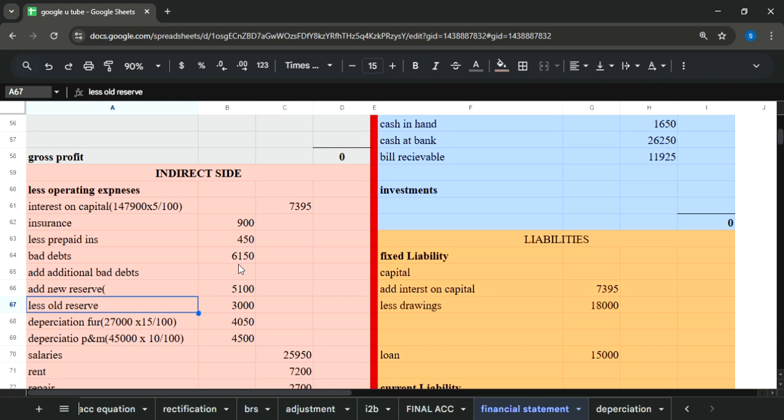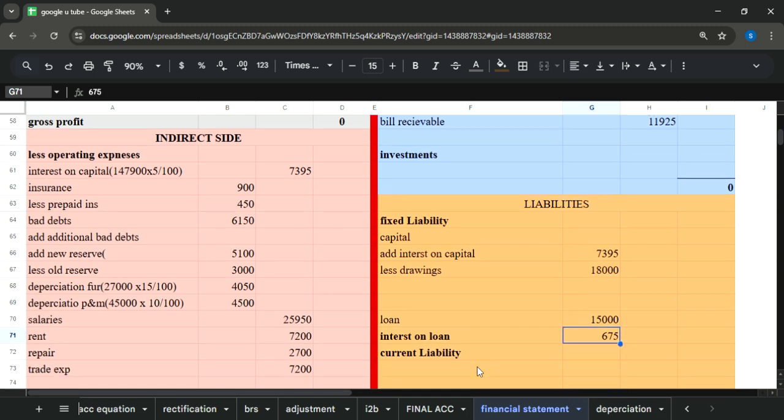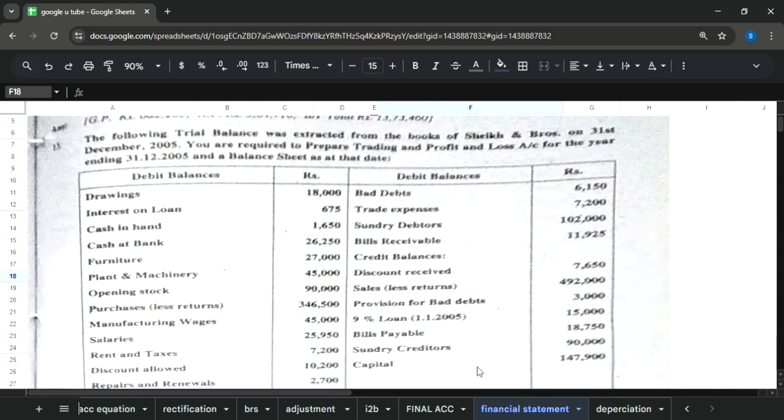Now you will go to your fixed liability side, and here you will mention interest on loan 675, which was not paid yet. Okay guys, so this factor is also completed, where the amount of loan was 15,000.